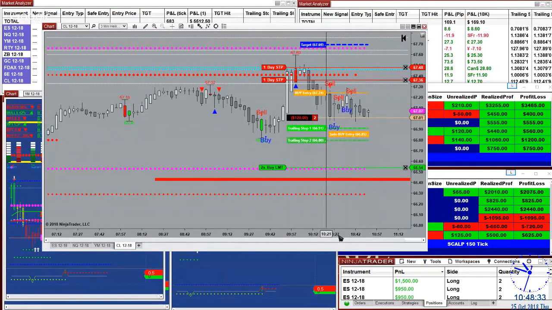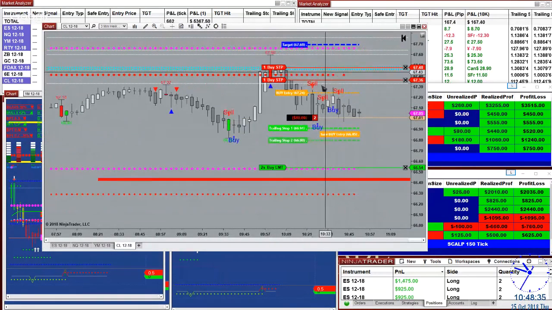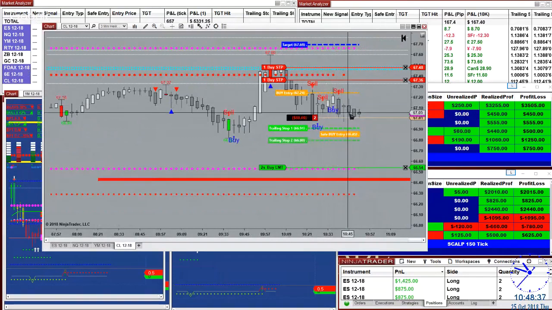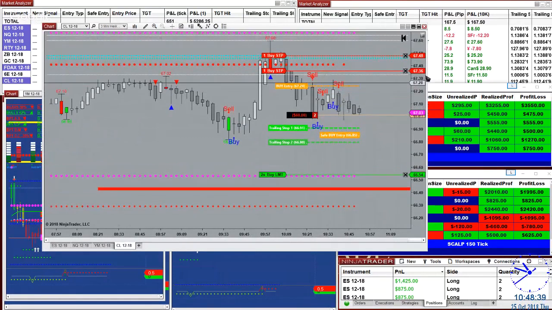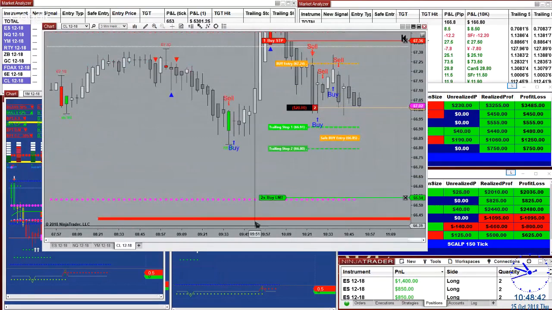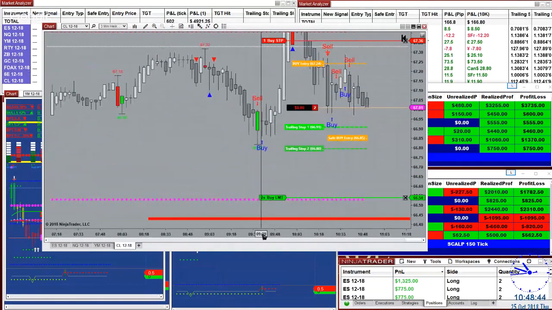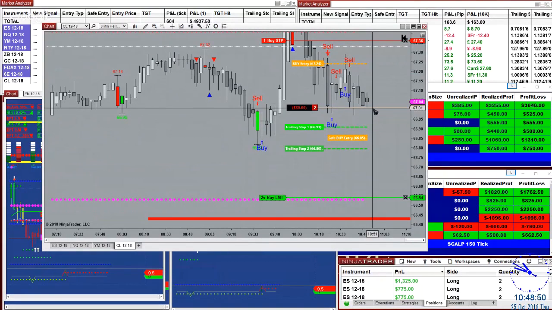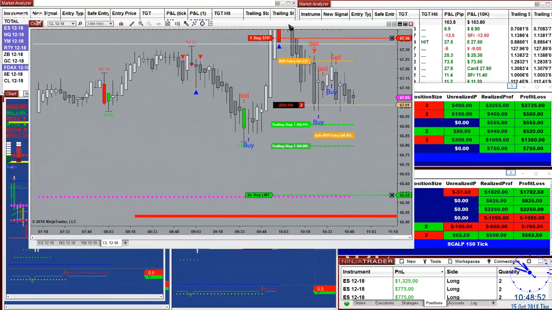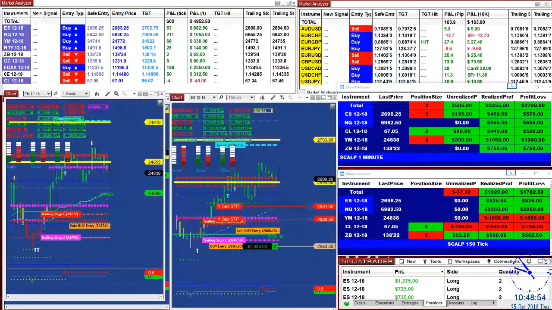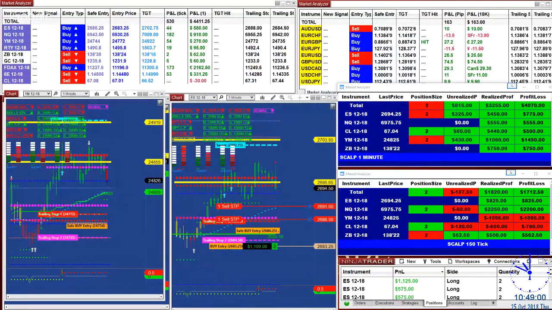Look at this chop on the CL, sell, buy, sell, and it's not going anywhere. Oh boy. 67. It's not going anywhere, that CL. So we are stuck with the CL, and we'll stay quiet for a few minutes and wait on the new signal.